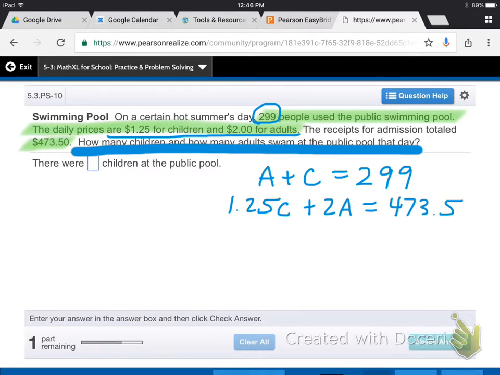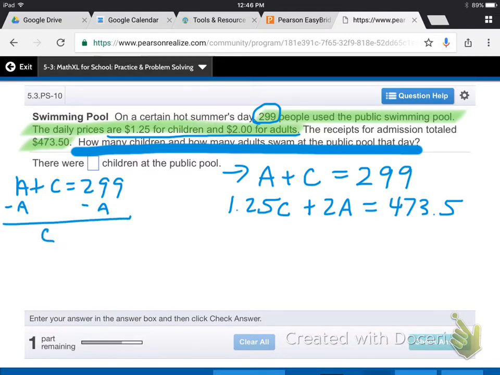Now, how do we solve this? Well, what we can do is take the first equation and solve for one of the variables. So let's take A plus C equals 299, and let's subtract A from both sides of the equation.